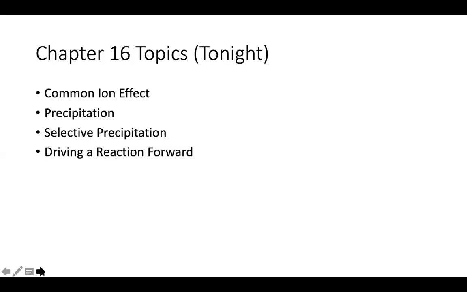Then we'll touch upon the really big topics in this chapter. I think the common ion effect is a pretty good and important topic, but selective precipitation and ways to drive a reaction forward are both really good potential questions for your exam on Friday.